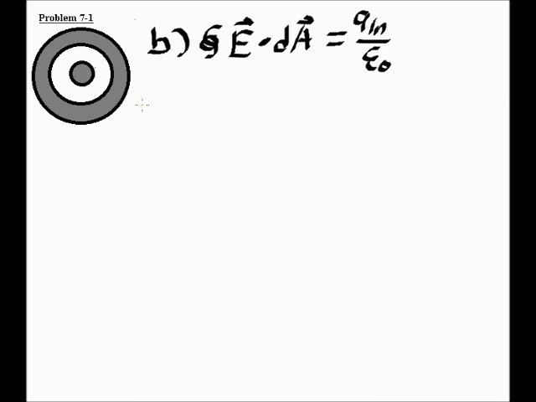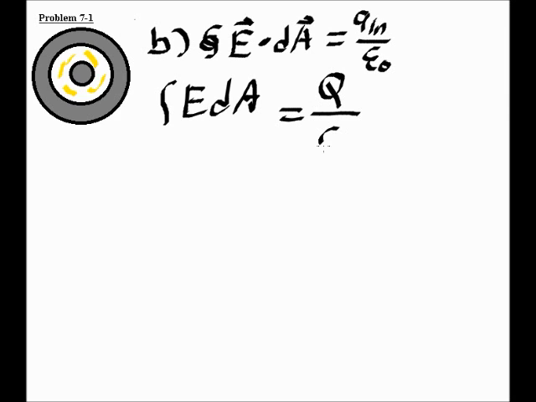Part B asks you to find the electric field within this empty area that's past your insulator but before your conductor. This would be easier than part A in that Q in is easier to find. So still integral E dA equals Q in, which equals big Q over epsilon naught.